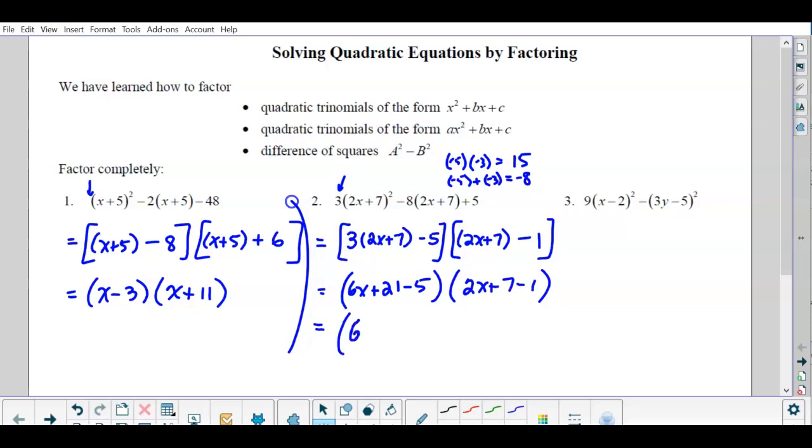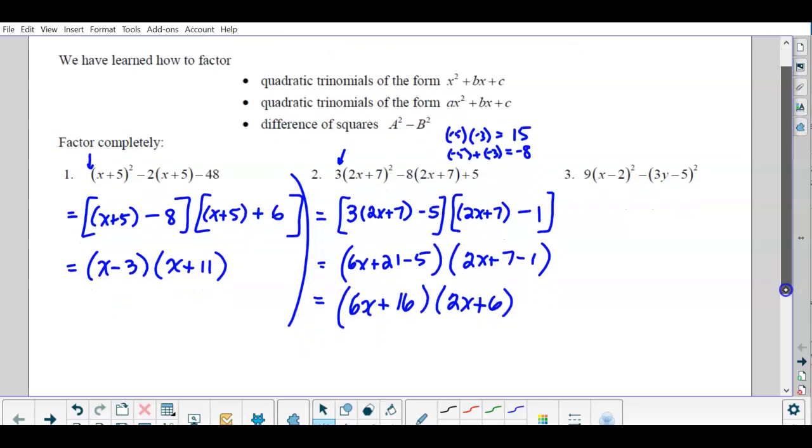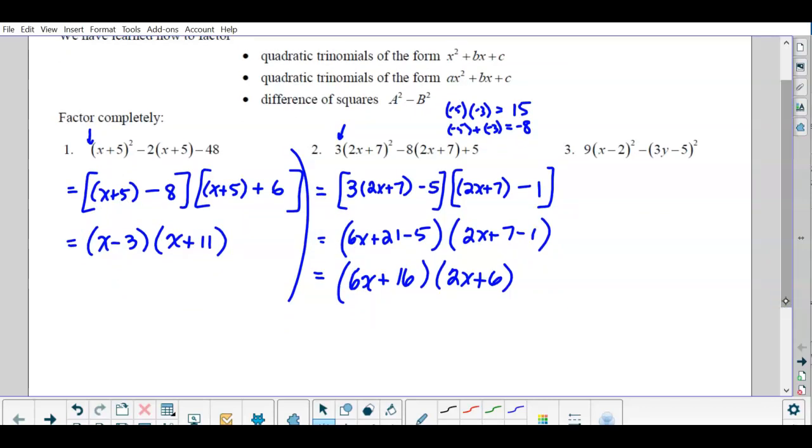And that's going to be 6x plus 16, 2x plus 6, and check those brackets. Okay? You can factor both of them again. So 2 is common, 3x plus 8. 2 is common, x plus 3. And always show those monomials out front.